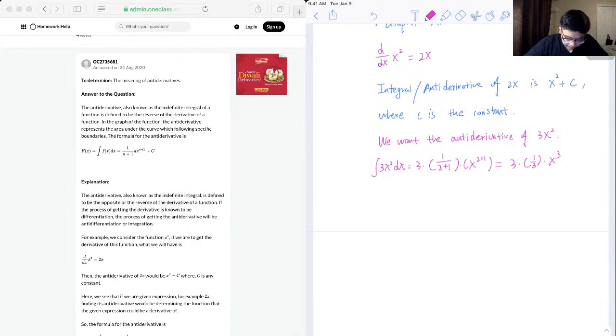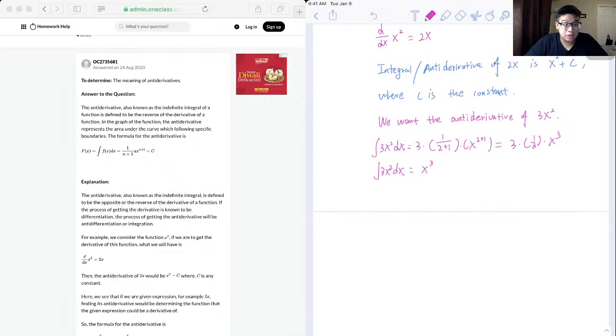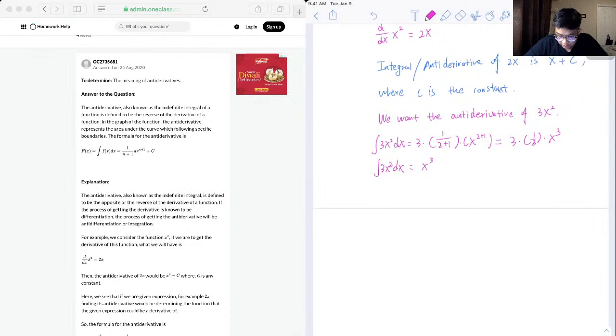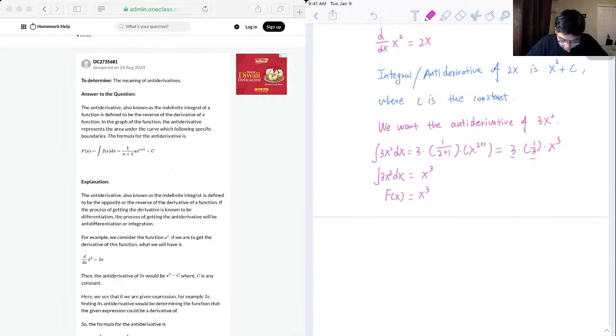And this is also equal to x cubed, because 3 times 1 over 3 is just 1. So our capital F(x) is going to be x to the exponent of 3.